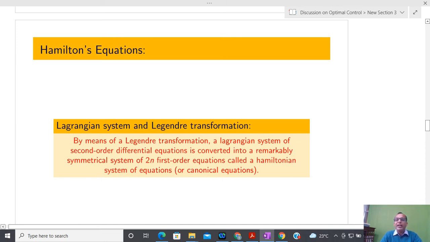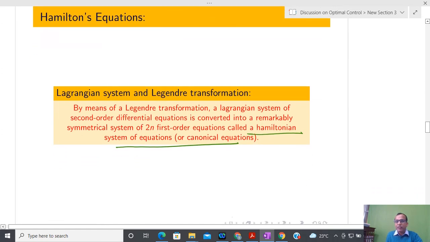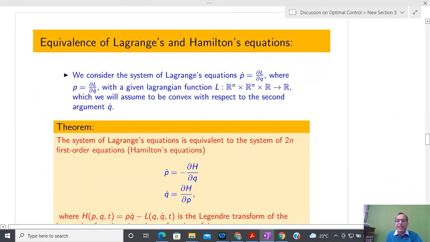Now I am going to apply the transformation we have learned so far, that is the Legendre transformation, to that particular Lagrangian system. It is possible to show that I will come up with 2n first order equations, and that is called the Hamiltonian system of equations. So let us come to the derivation of that.